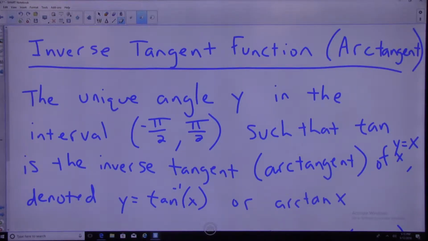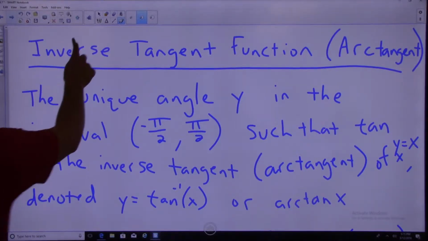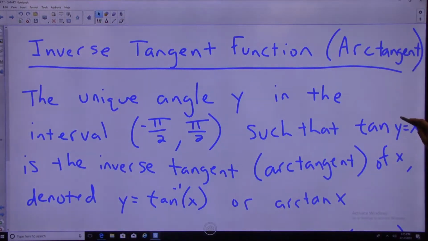So let's go and write this down. Let me fix this real quick. Got a little mixed up. There we go. So the inverse tangent function, and pause it here if you need to write this down. I'm going to move on really quickly. Let me read it real quick. Another name for it is arctangent, just like with the other ones.